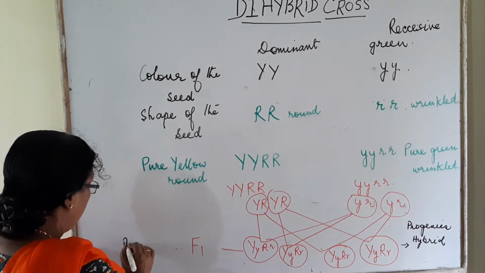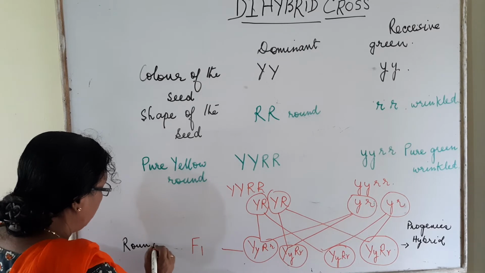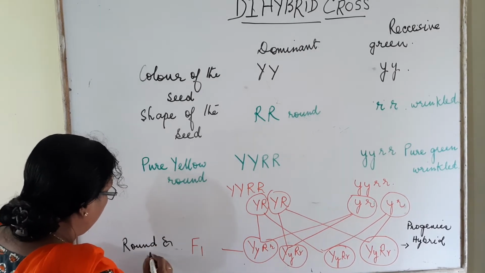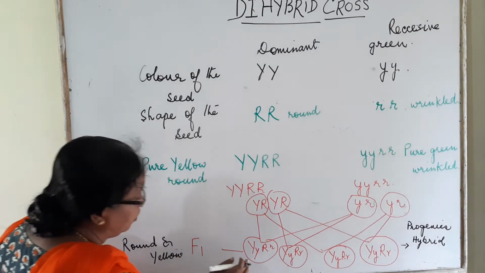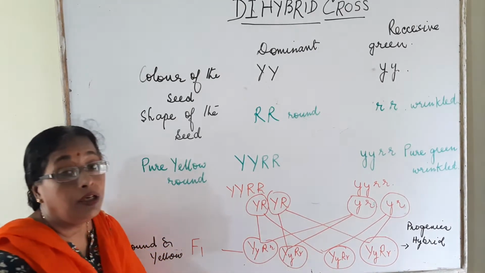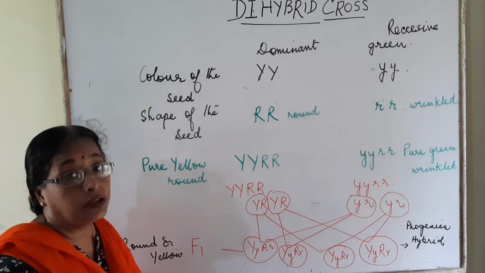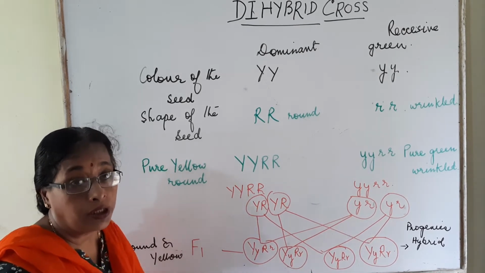So in the F1 generation, what Mendel got was all the progenies were yellow and round, that is, they were hybrid dominant.